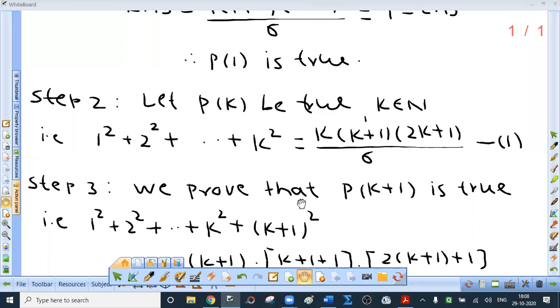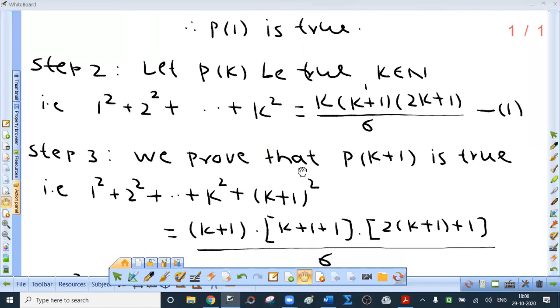That is to prove 1 square plus 2 square plus up to k square. You have to mention these many terms. These are in all k terms. How to write the next term? Simple. Replace every k by k plus 1. Previously it was square of k. Now it is square of k plus 1. On the right hand side also, you have to replace every k by k plus 1. Do not forget to put k plus 1 in bracket.